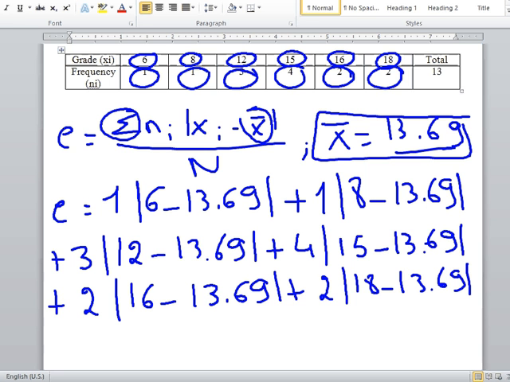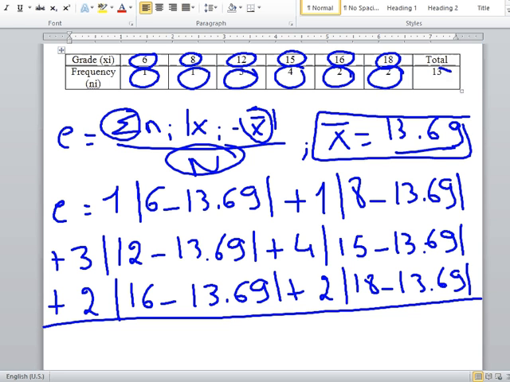Okay, all of this you divide your answer by the total frequency, which is here 13. Okay, when you do this you will get as final answer the absolute mean deviation is equal to 2.84.